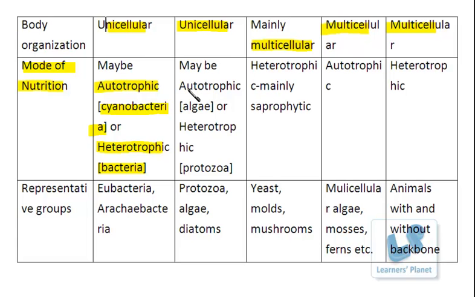In the group Protista, organisms can be either autotrophic, the unicellular algae, or heterotrophic, and the organisms showing this mode are protozoa. I already explained this.